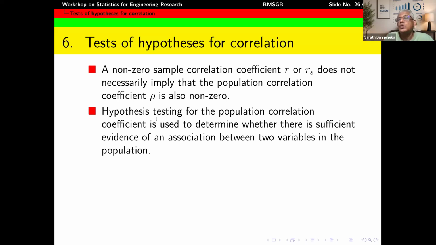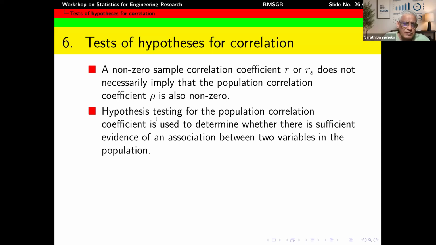So in that case, what we are interested in can be written statistically as a test of hypothesis. We want to test whether the population correlation coefficient, Pearson correlation coefficient, or the population Spearman correlation coefficient, is zero or not. So can't we say whether the population correlation coefficient would be zero or not by looking at the sample correlation coefficient?